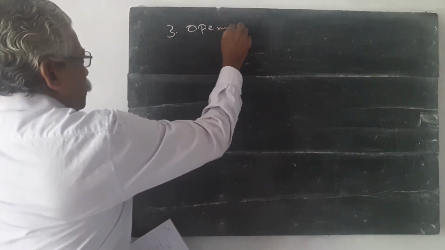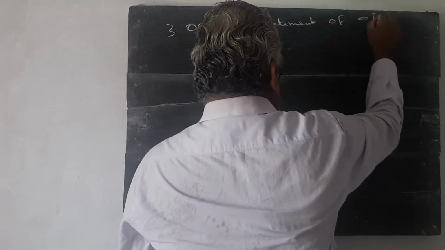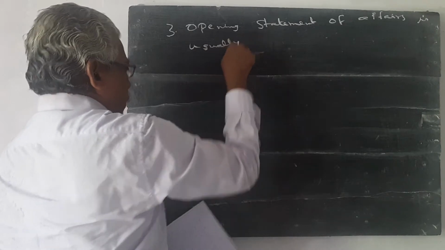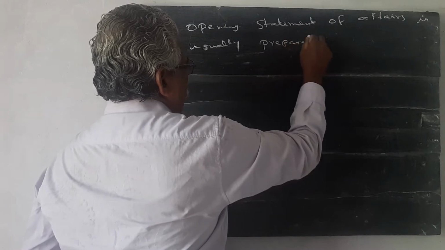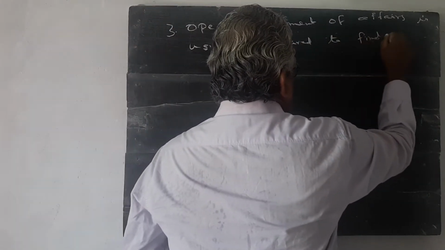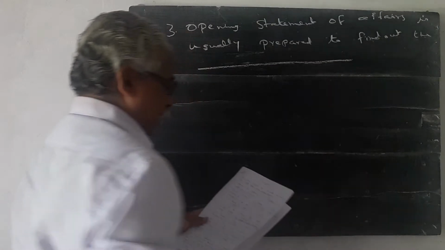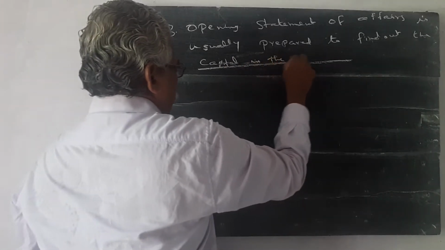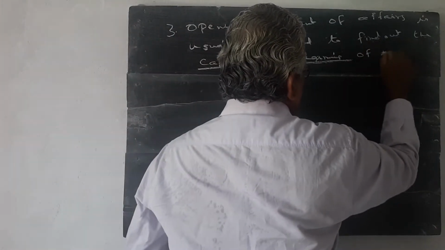Then question number 3, opening statement of affairs is usually prepared to find out the dash, capital in the beginning of the year. Capital in the beginning of the year.